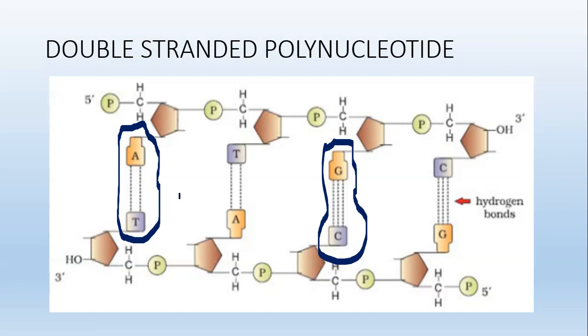There is one more thing that you all need to remember. I hope you can easily guess. Suppose DNA is what? It's a double-stranded structure. Double-stranded structure is more stable.